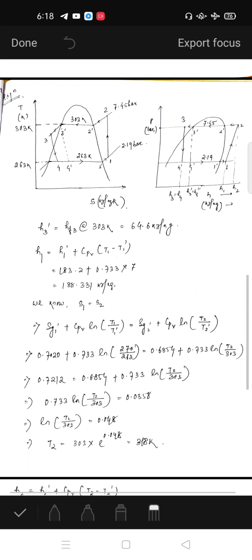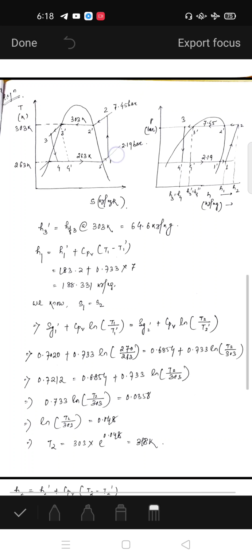And you can find H1 dash. H1 dash will be the dry enthalpy at 263 Kelvin, that is 183.2.